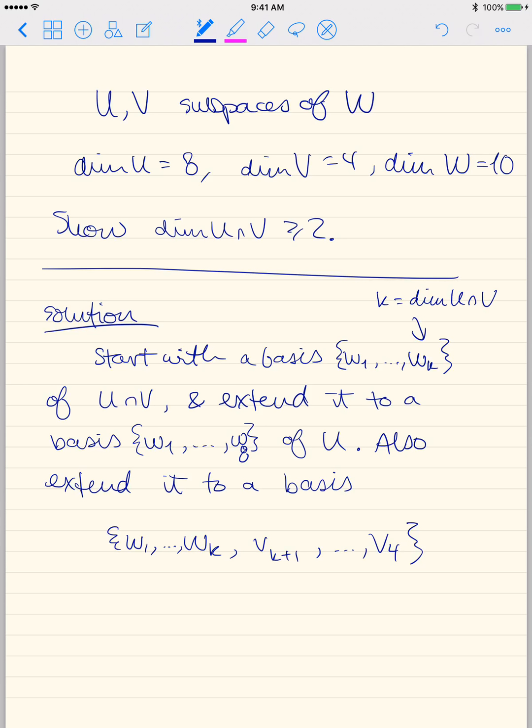Yes? How do you know that K is not equal to 4? If it is equal to 4, then there are no extra vectors. Yeah, this list might have length 0. Right. If K is 4, then this list would not have any vectors in it. Do you need to account for that if you're writing proofs? No. It's totally fine. People in math often write things like 1, 2, 3, up to n. Right?